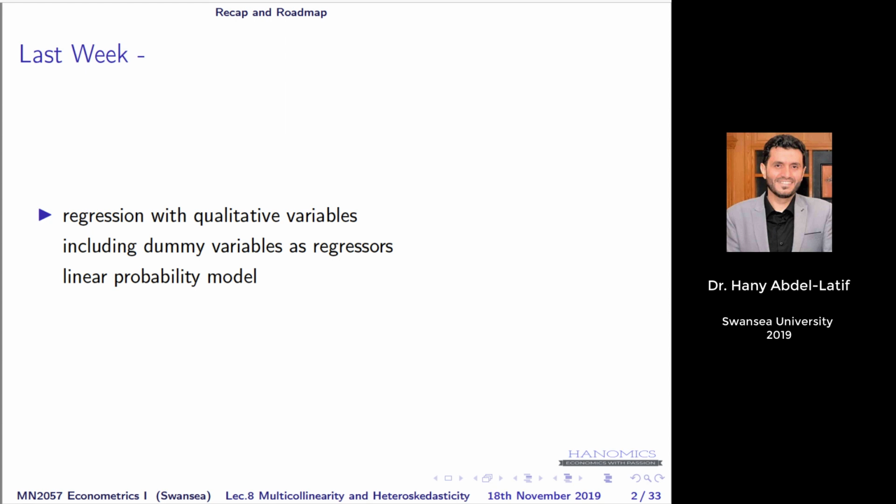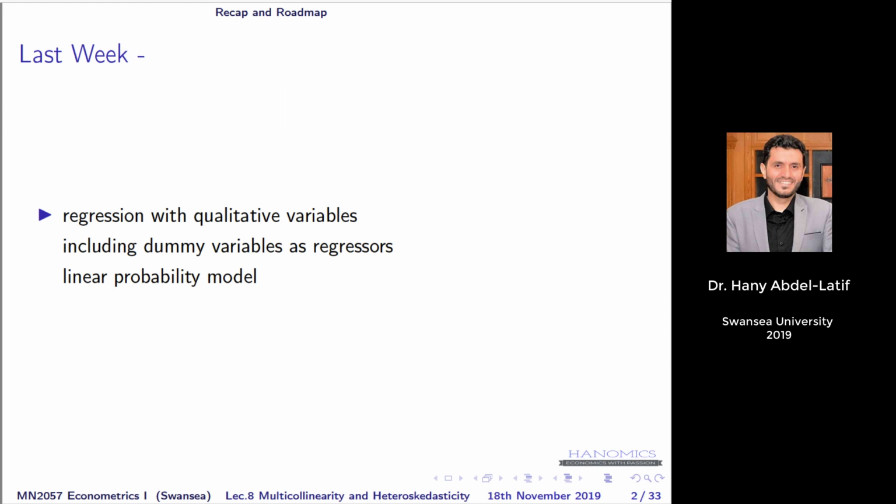Talking about a dummy variable as an example, if we want to see how gender can be one of the factors that determine, let's say, wage, then we define a dummy variable called female. So we give it 2 values. If the person is a female, it takes 1, otherwise it will take 0.